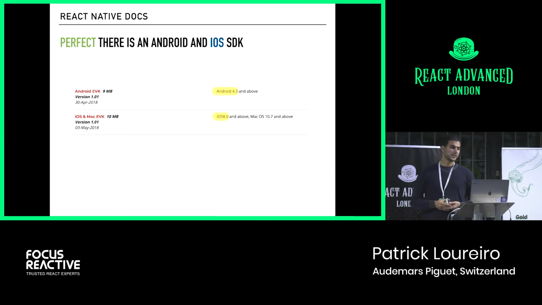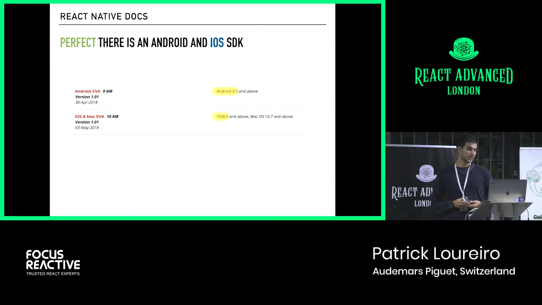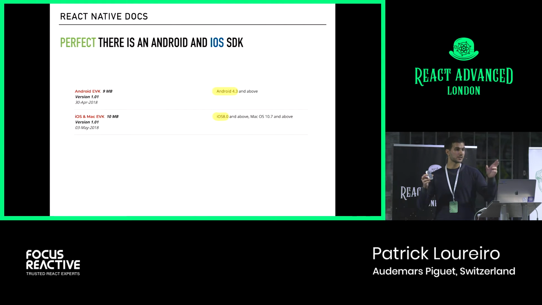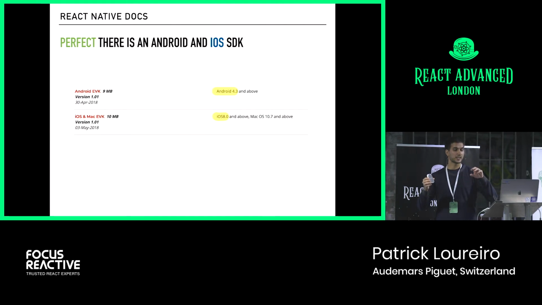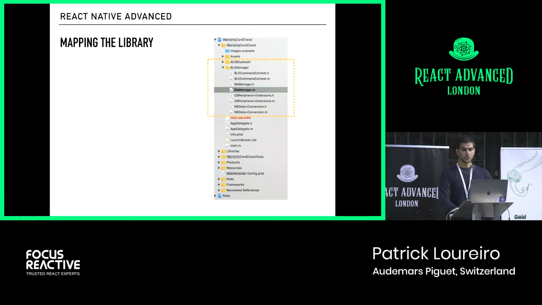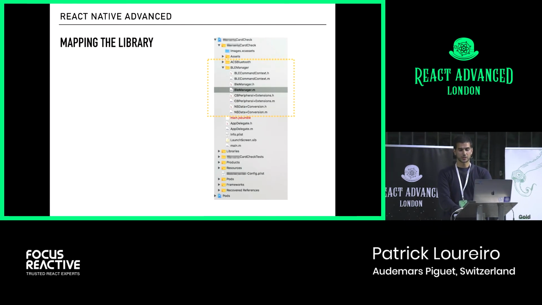So they ship two SDKs, Android and iOS, and what we did is the same as what I showed before. We just mapped the functions that were already implemented in native code, and just call everything from the React Native side. So basically, you import the SDK in your project.